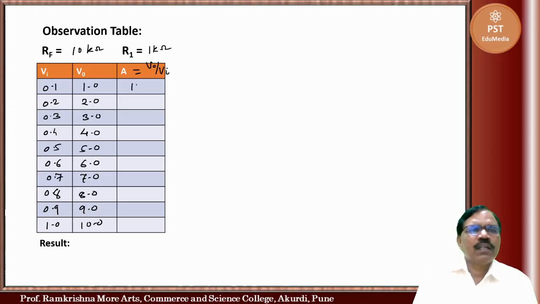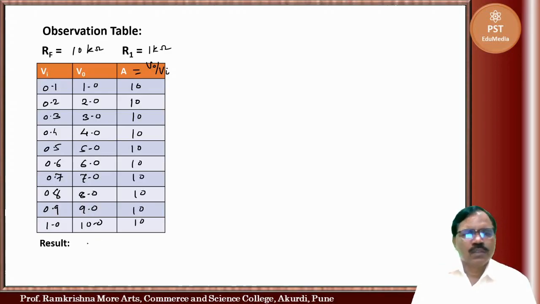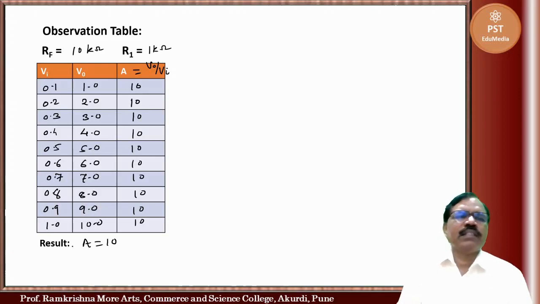So here the ratio is 10 every time. So we can write the result A is equal to 10. Theoretically also RF upon R1 is 10.